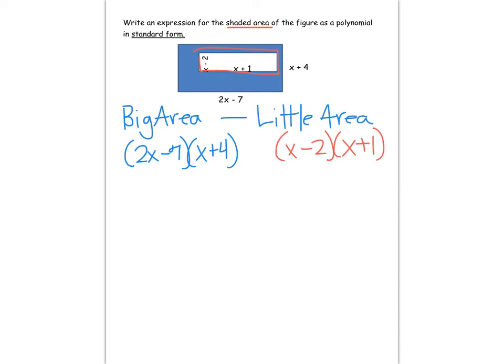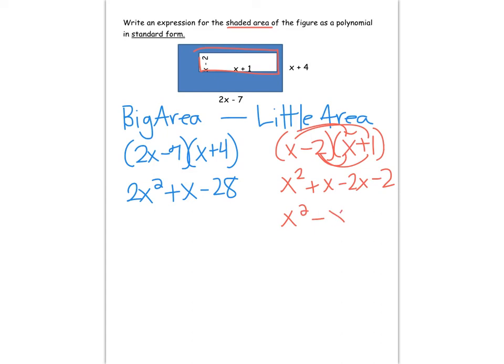Since this is the rectangle we've used before, we already have multiplied 2x minus 7 and x plus 4, and we got 2x squared plus x minus 28. And we have to come over here and multiply this one because we haven't done this before. So x squared plus 1x minus 2x minus 2. So x squared minus x minus 2.